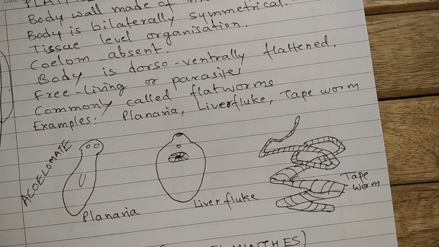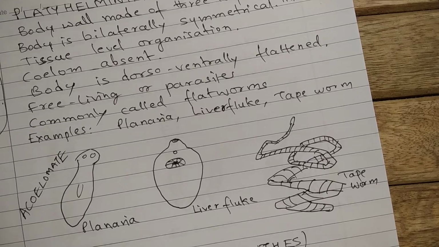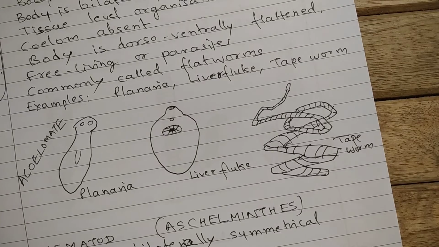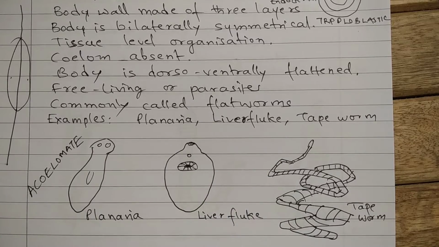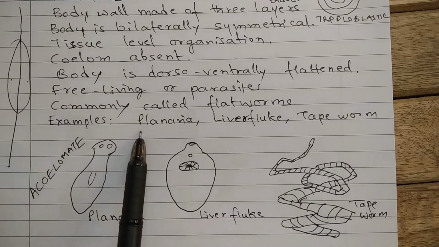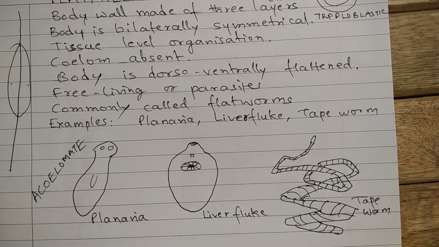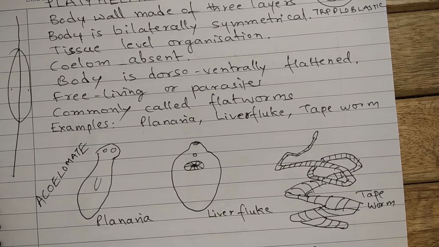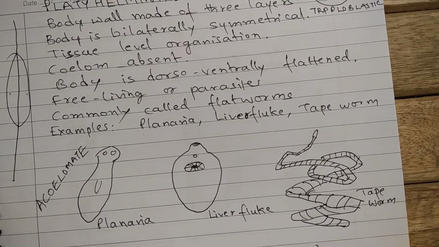So from both top and bottom, the body of these animals is flattened. These are free living or parasites, and they are commonly called flatworms. Examples are planaria, liver fluke, and tapeworm. This figure shows a planaria, this is a liver fluke, and these are tapeworms.